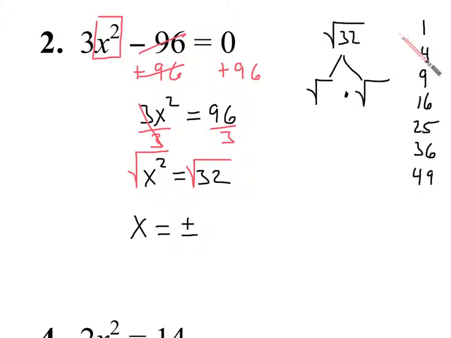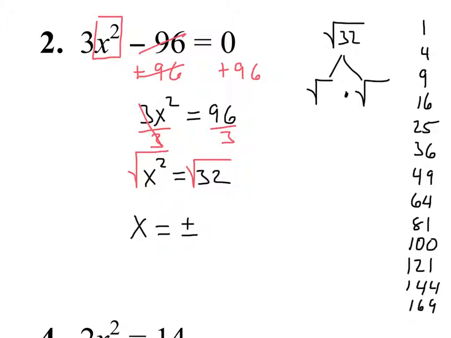I'm taking 2 times 2 to get 4, 3 times 3 to get 9, 4 times 4 to get 16, so on and so forth. So 49 was 7 times 7. So my next one's going to be 8 times 8, which is 64. 81. 100. 121. 144. 169. 196. 225. So on and so forth.